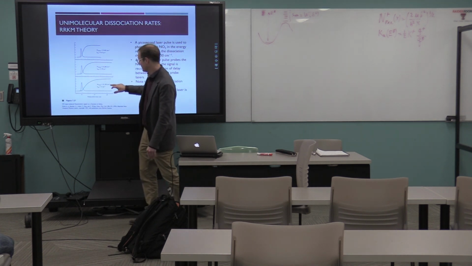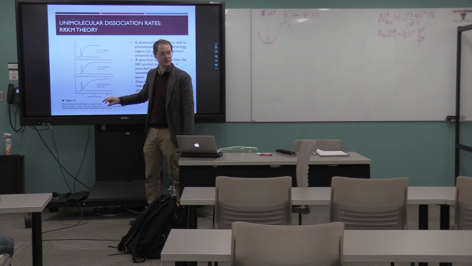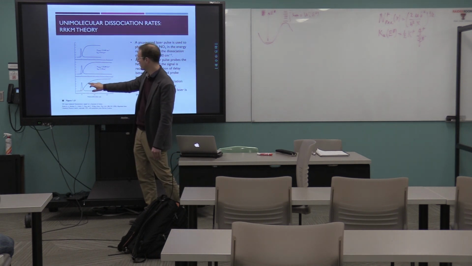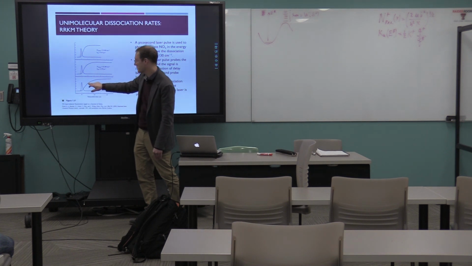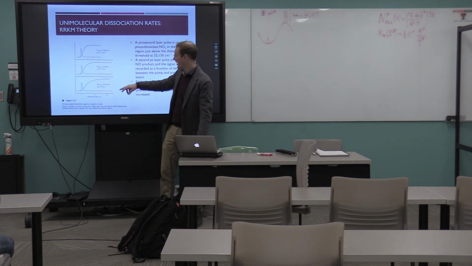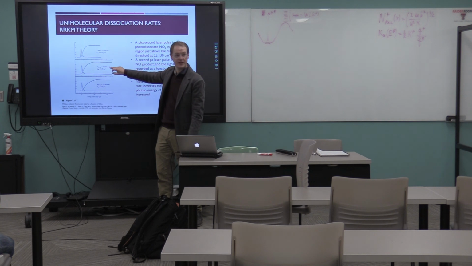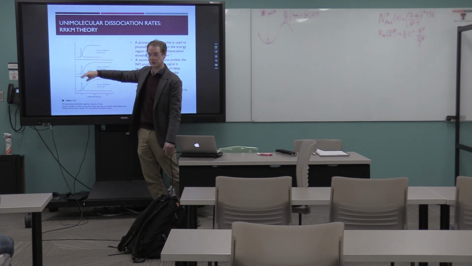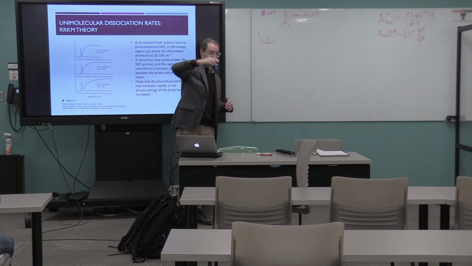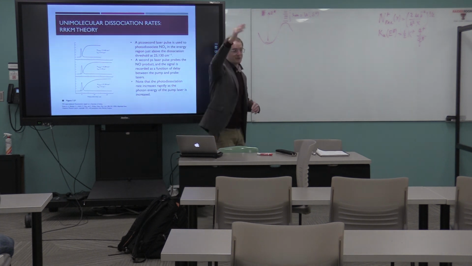So when you're right above the dissociation threshold, you can measure a certain rate. It looks like maybe 6 or 7 picoseconds or so. But as you go higher in energy, above the dissociation threshold, the rate goes faster and faster. And it increases at least exponentially with energy.